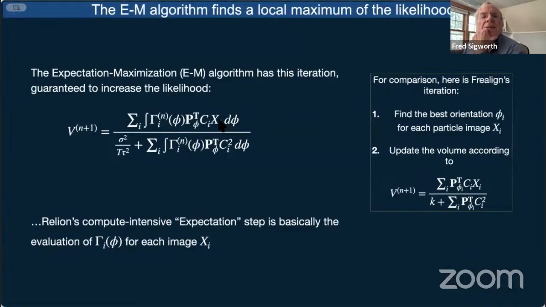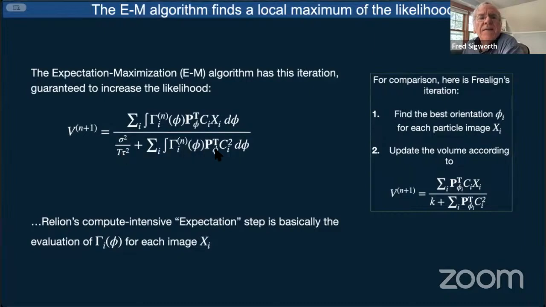Here we go. We take an image, CTF, do the back projection. We weight it by this gamma function, and we integrate over all projection directions. So it's just like FREALIGN, except that we're taking a weighted average of the 3D slices resulting from the image with different projection directions.